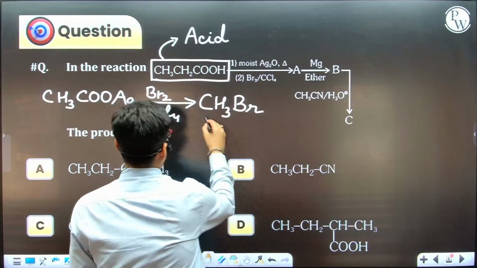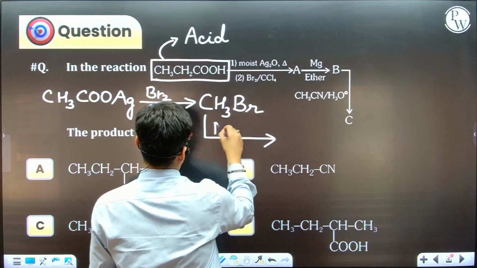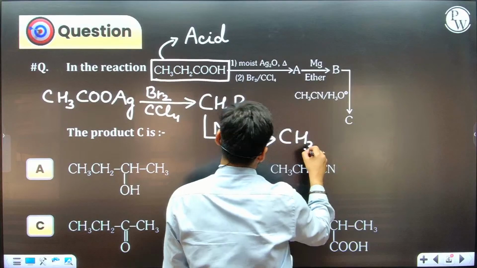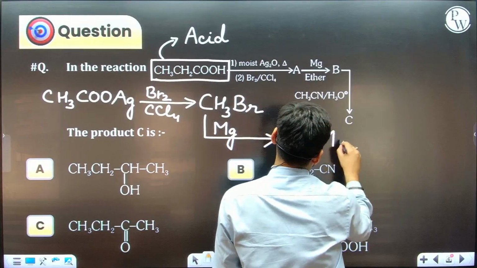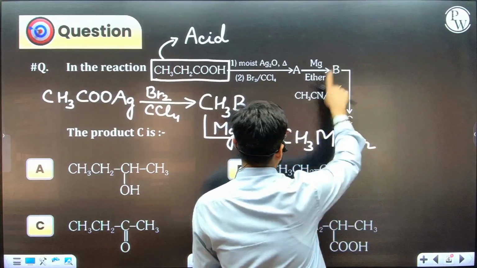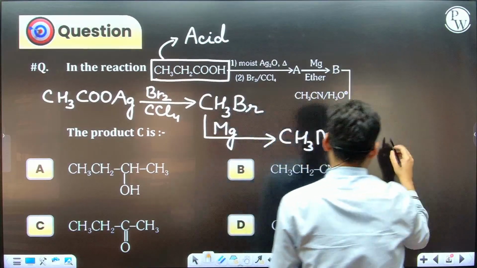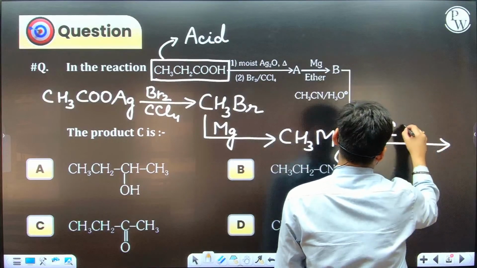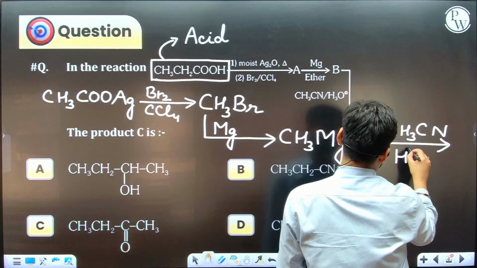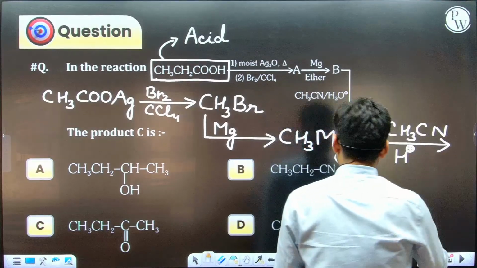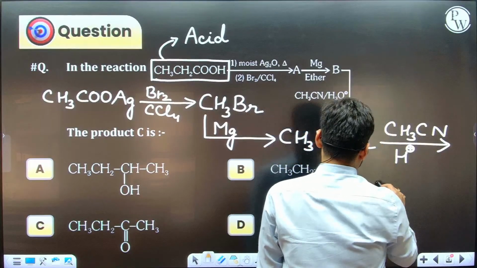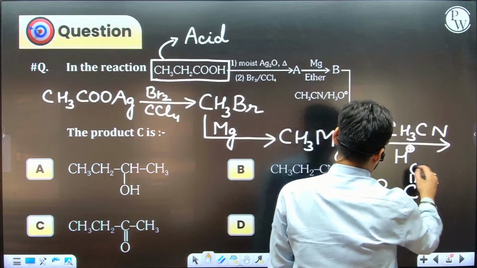This is A. Then if I treat this with Mg in ether, I get B. This is B, Grignard reagent. And then the Grignard reagent is treated with CH3CN. This is a nitrile, followed by acidification. Now if RMgX is treated with R'-CN, we get R-CO-R'.